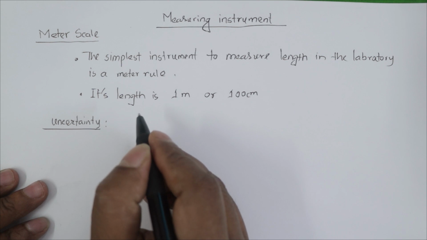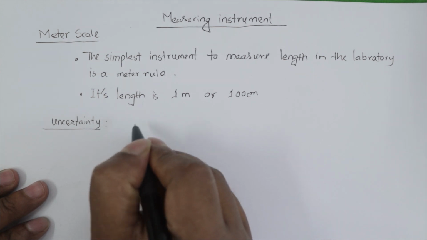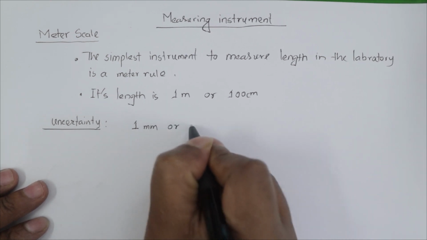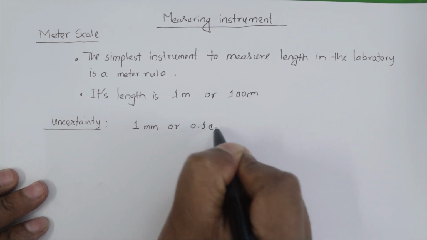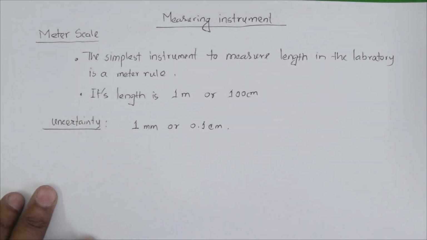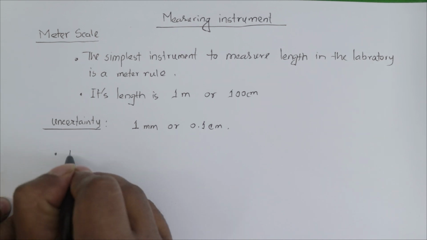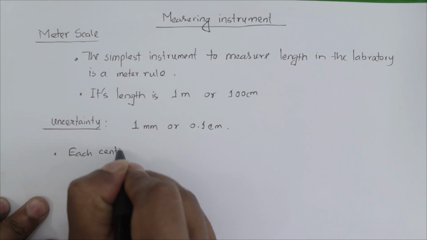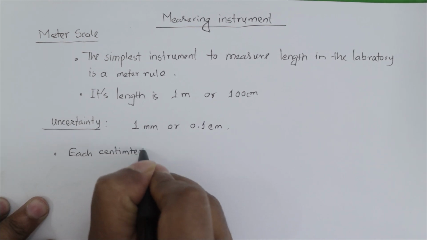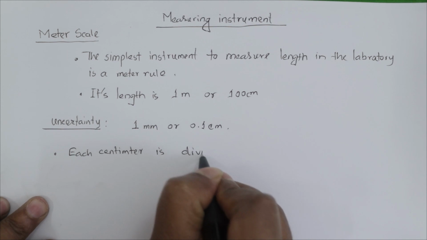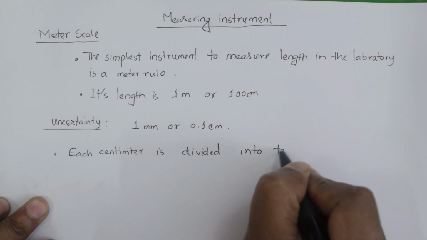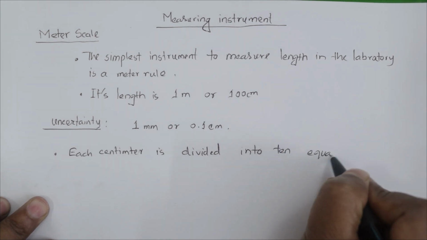So uncertainty of the meter rule is 1 millimeter or 0.1 centimeter, because each centimeter is divided into 10 equal parts.